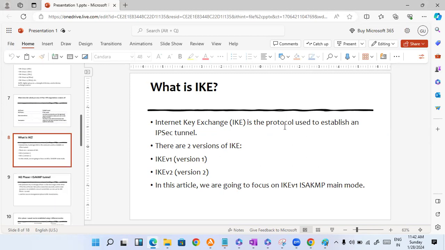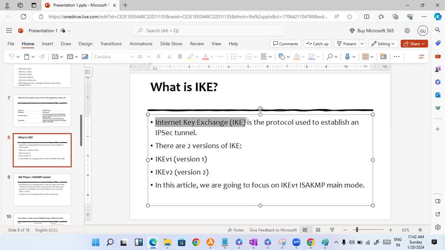Basically, this is Internet Key Exchange, just to negotiate the keys for both peers throughout a transaction. And we have the algorithm ISAKMP just for the private and public key negotiation, and different modes of it.